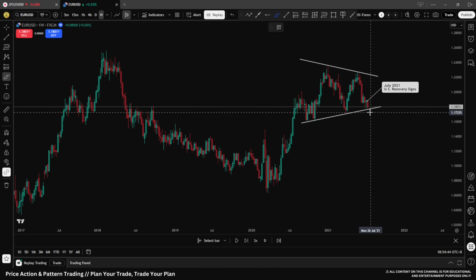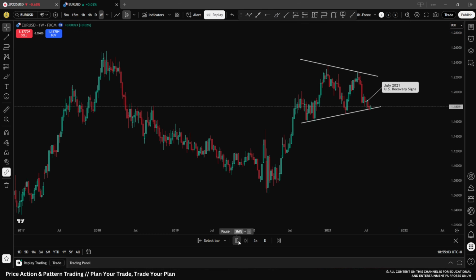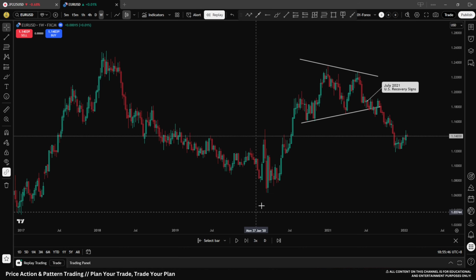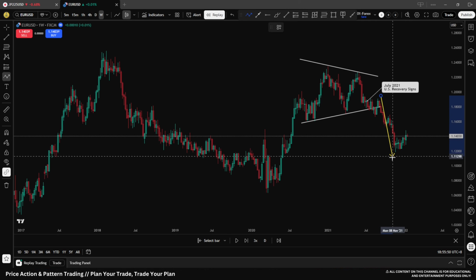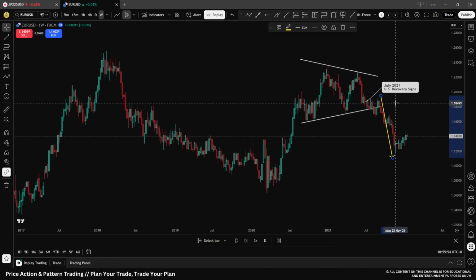And this improved economic outlook for the US made this next move more unlikely. And what actually happened, this continuation pattern failed, and we broke out impulsively of this larger corrective phase.